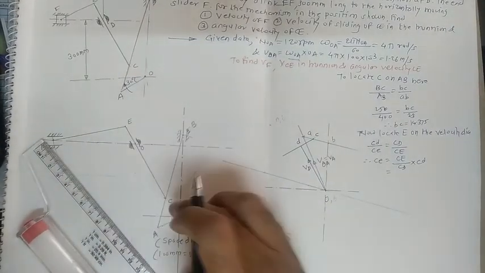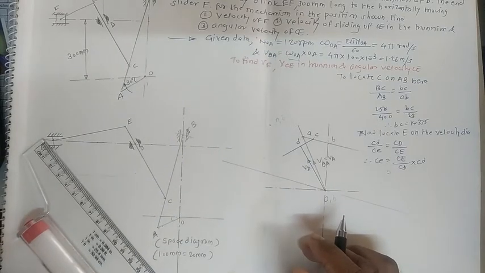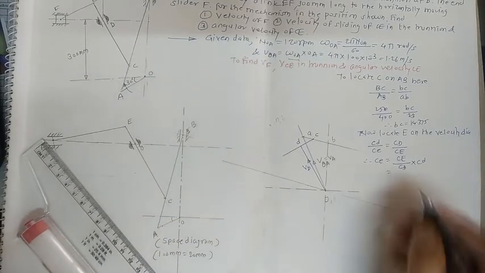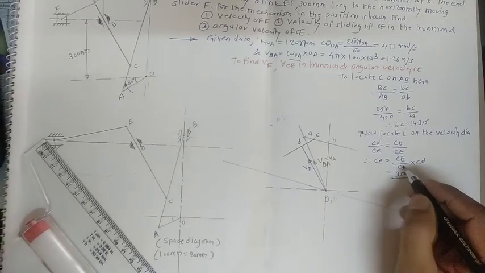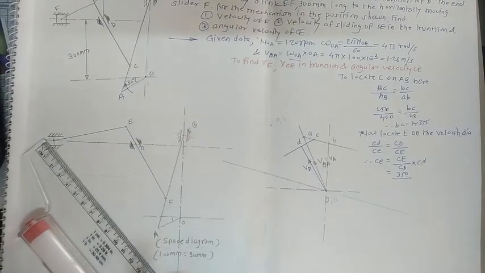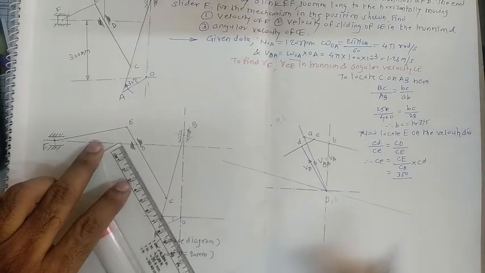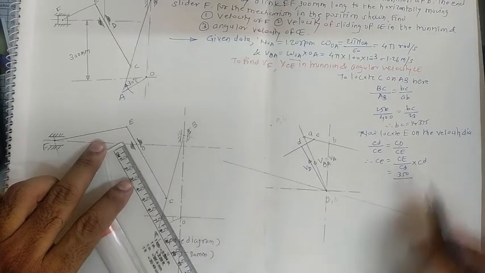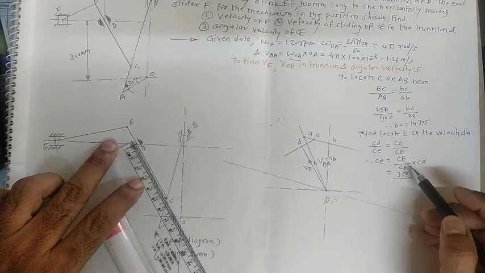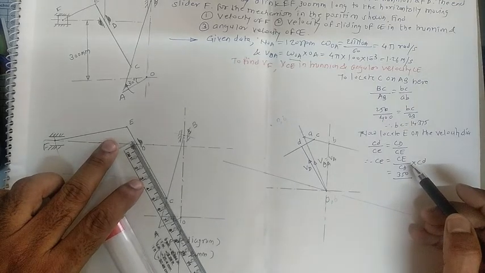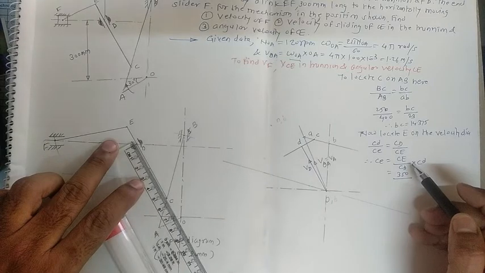The length for the CE is 350 mm, and the entire length for this CD is given. From this, just measure this length with the help of a scale.